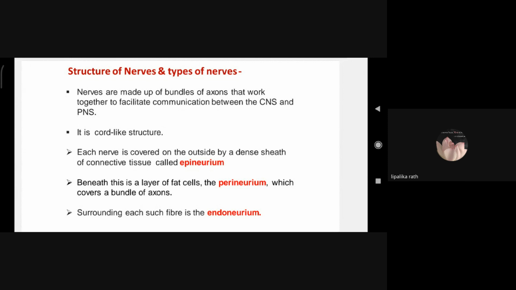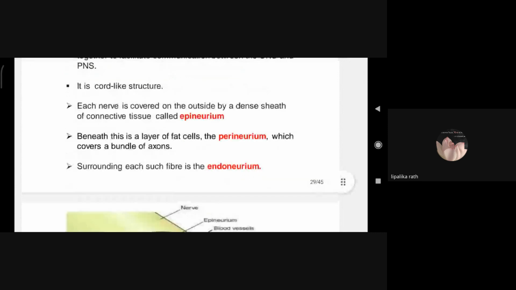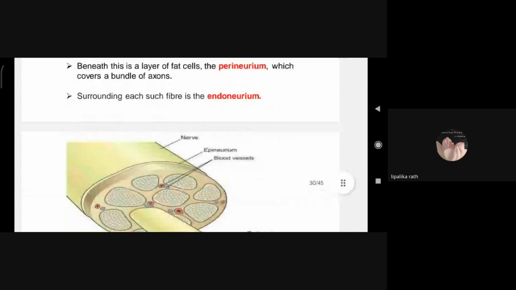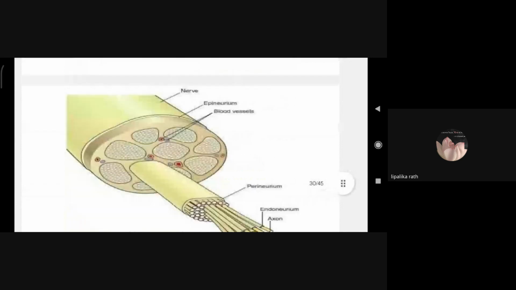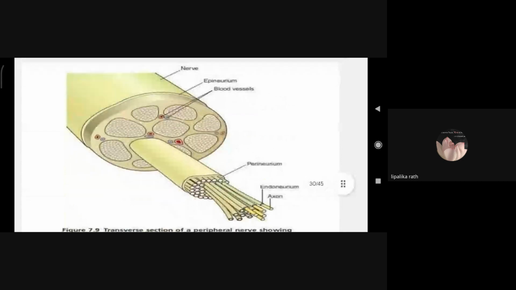The outermost covering of nerve bundle is epineurium, and peri is always the middle one. Beneath this is a layer of fat cells which covers the bundle of axons, that is perineurium. And surrounding each such fiber is endoneurium. Okay, means in this picture you can see that each axon, let me take the pen.